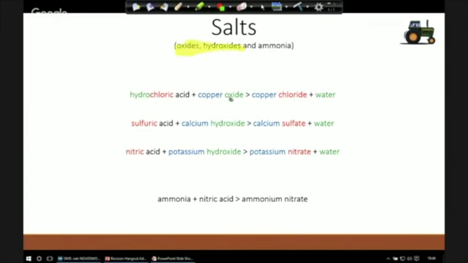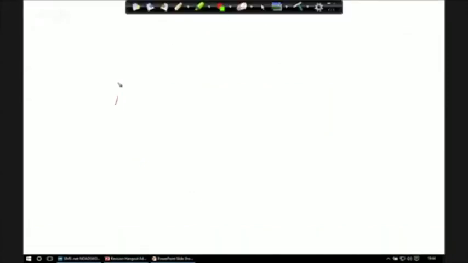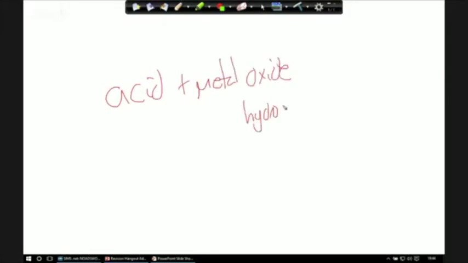Well, for oxides and hydroxides, we have our acid plus our metal oxide, or our metal hydroxide, and these will form salt plus water.